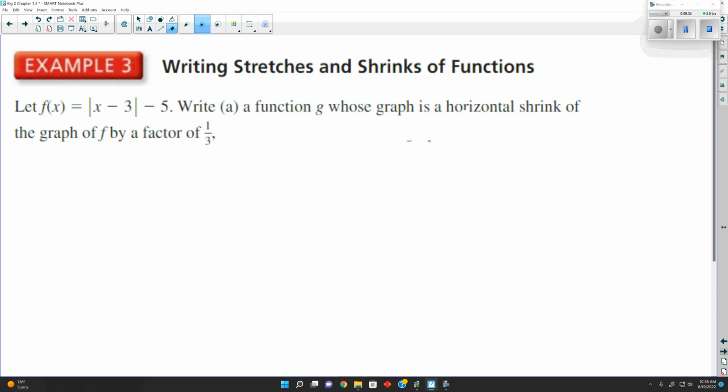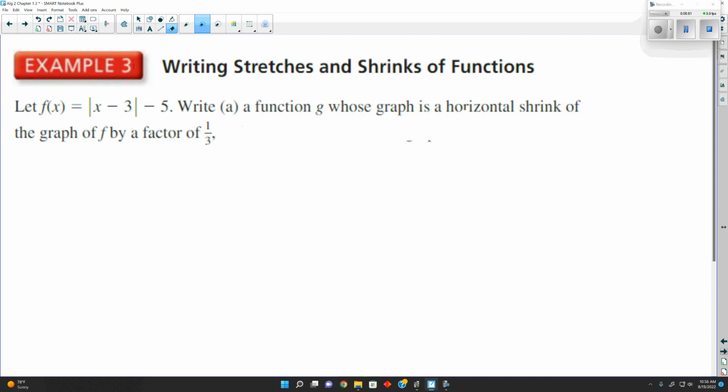I'm changing it back to horizontal instead of vertical because again, there will be two horizontal shrink or stretch problems on the homework. So we'll need to do this as a horizontal.